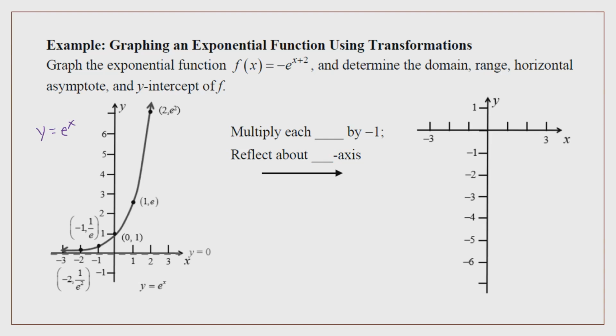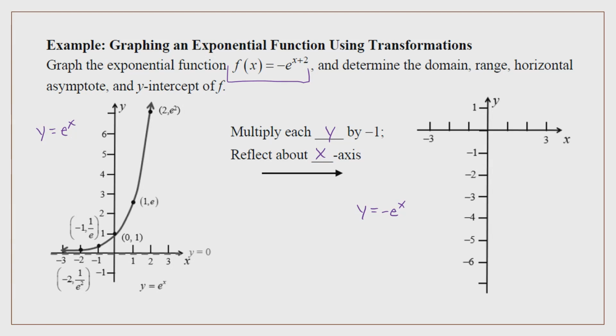And so now we're going to apply transformations in order to get our function f of x. The first thing that we're going to do is multiply each y by -1, which tells us to reflect over the x-axis. Okay, so this will give us the function y equals -e to the power x.